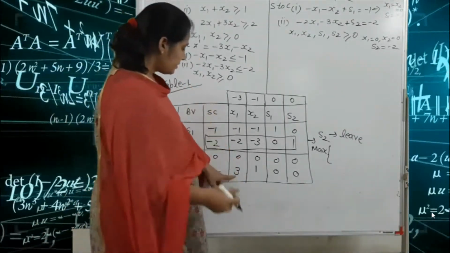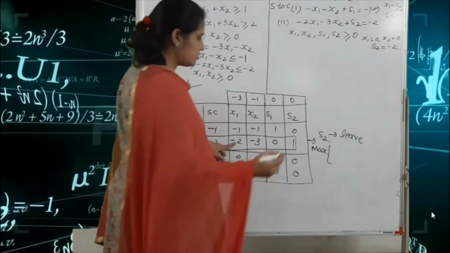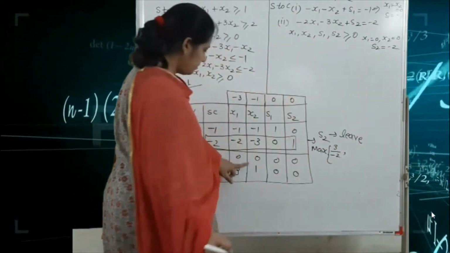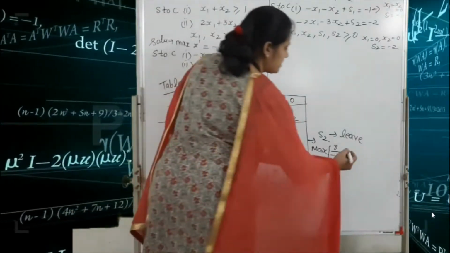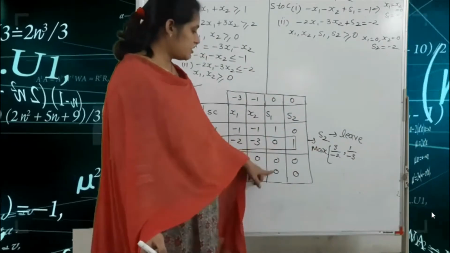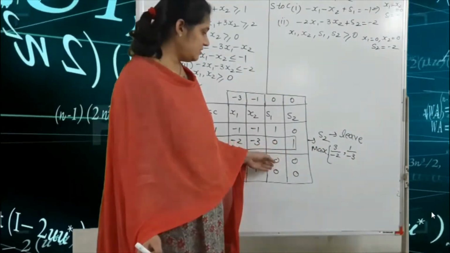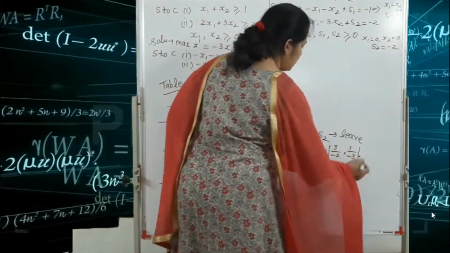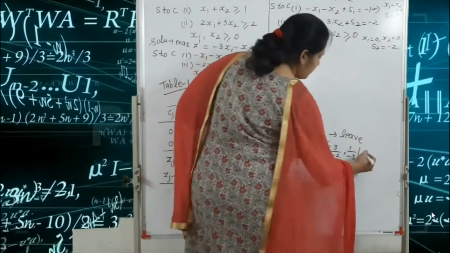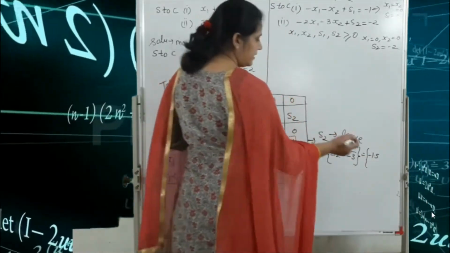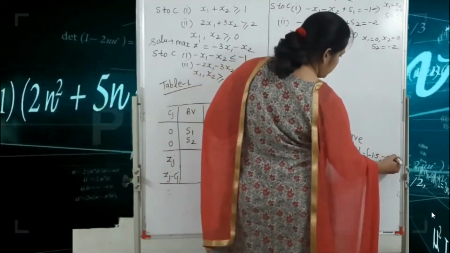So 3 divided by minus 2, 1 divided by minus 3. The 0 divided by 1 is a positive value, so it is ignored. That means here we write minus 1.5 and here minus 0.333.